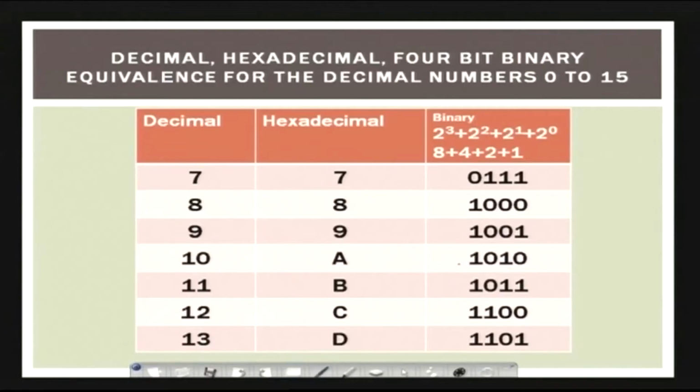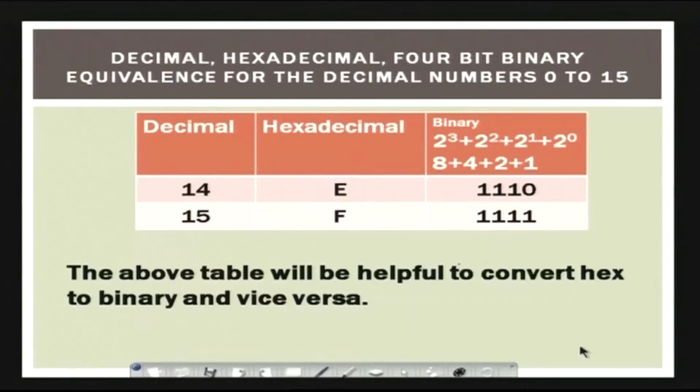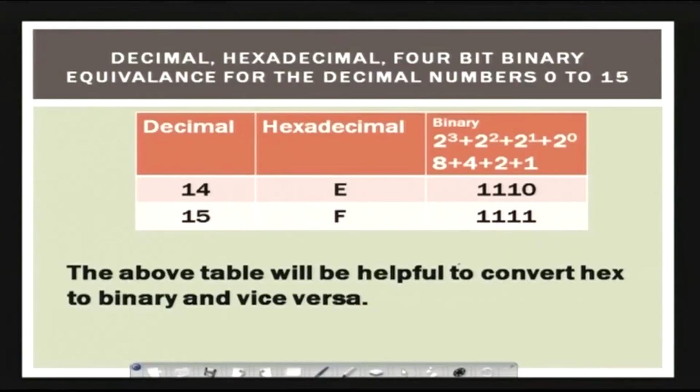The next table represents 7, 8, 9, then A, which is 10, is 1010, B, which is 11, is 1011, C is 1100, D, that is 13, is 1101, then E is 1110 and F is 1111. This table is also useful when we convert hexadecimal to binary and vice versa, which we will see in the course of this lecture.